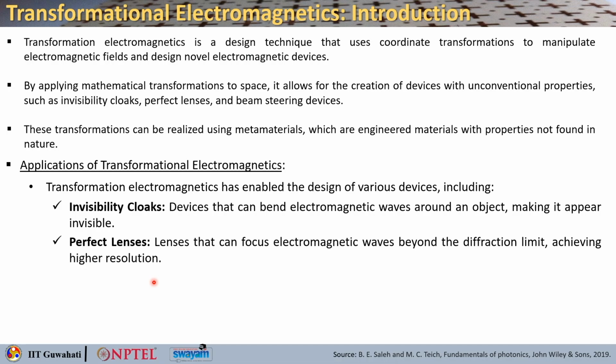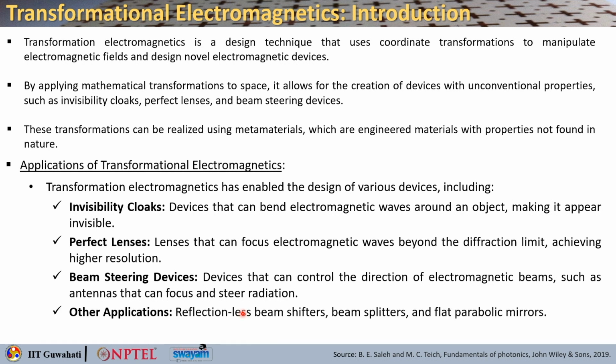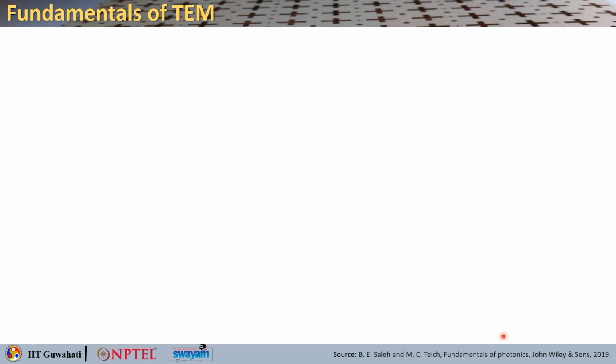So, it can help you achieve much higher resolution and resolve very fine details of a particular image or a feature. Then you can also make beam steering devices that allows you to control the direction of the electromagnetic beam, such as antennas that can focus and steer the radiation based on your application. There are other applications as well that can be like reflectionless beam shifters. You can design beam splitters and also flat parabolic mirrors.